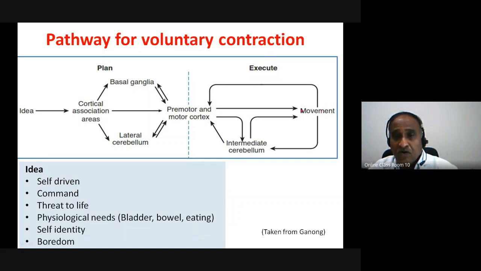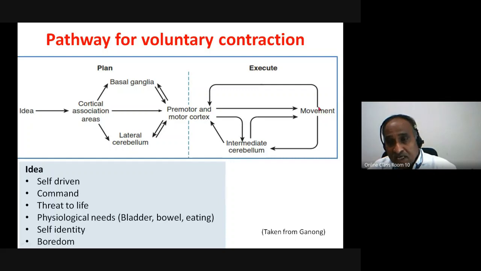Okay. So this is one thing that is happening. Now, at the same time, when they are in motion, say they have sent a plan for the motion and it is trying to perform the action, whether the activity generated in the motor cortex is adequate or not is assessed by feedback signals to the cerebellum.